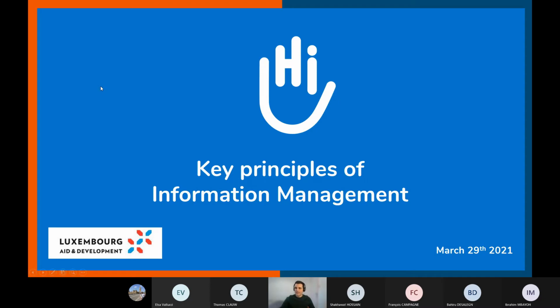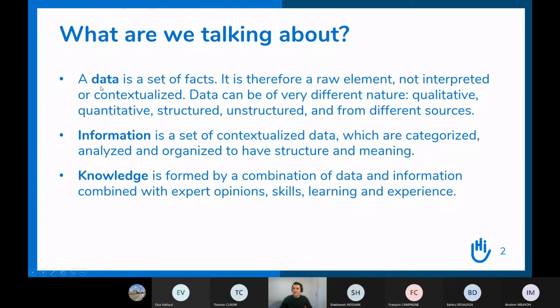So let's start. 3 definitions of 3 different words that sometimes we use one for another, and I'm the first one to sometimes confuse data and information, but still I want to give you a clear definition, and then once you know the definition, then you can forget about it, but it's good to have it in mind.